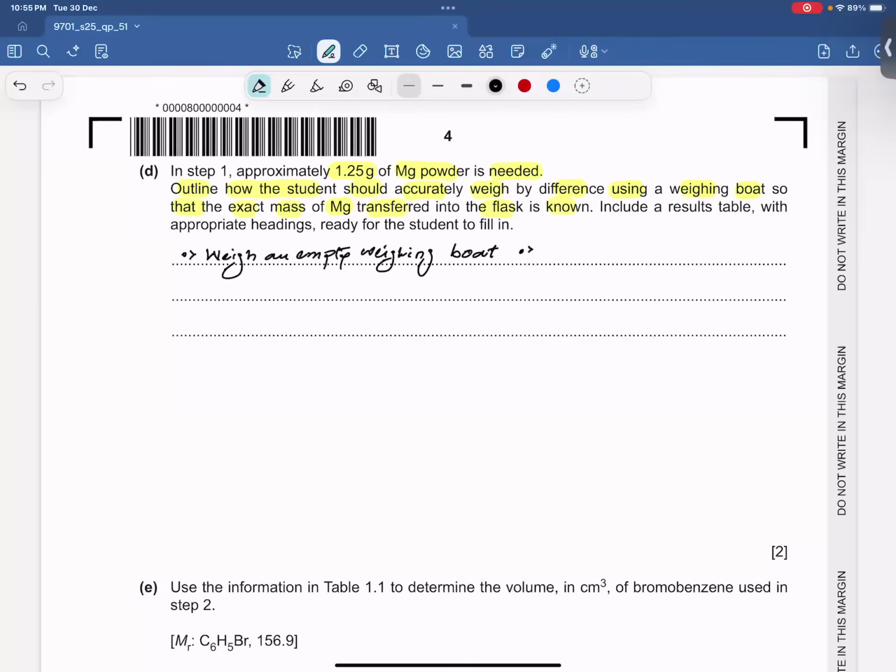Then weigh the weighing boat plus magnesium before transfer.